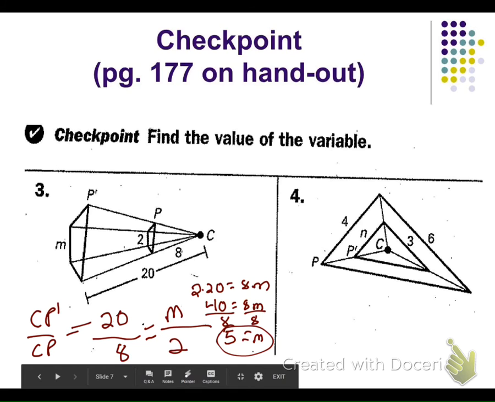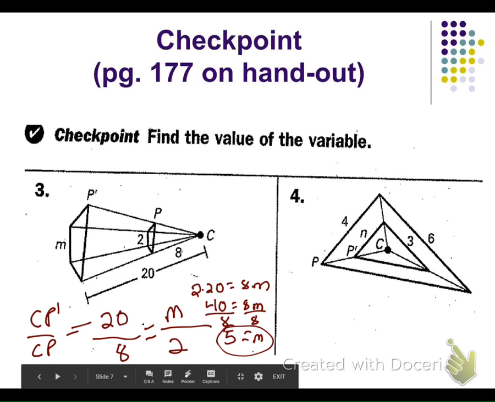So our next one, let's actually do it this way. Let's follow using just creating that relationship. So we have the distance here of N, and we have a distance here of 4 that relate to each other. And then we have a distance 3 and a distance 6 that relate to each other.